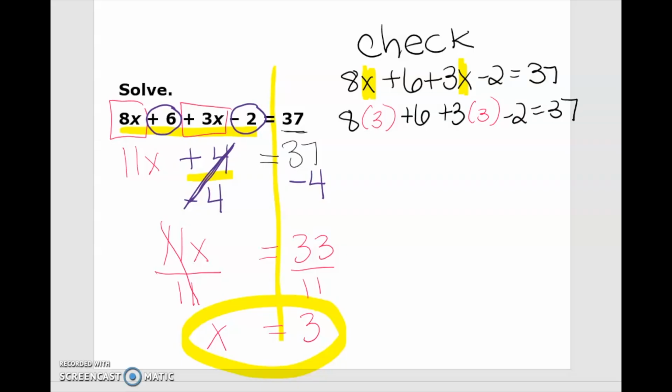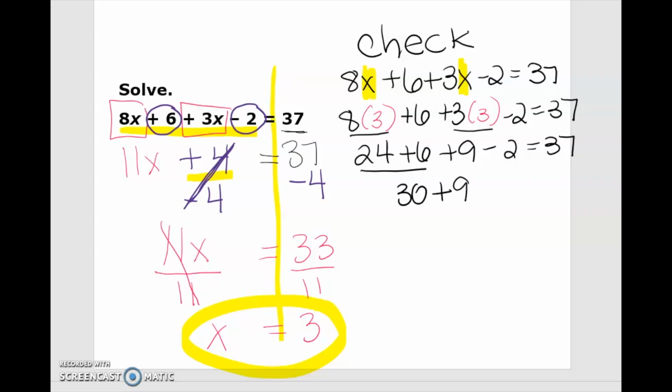And now we just solve using order of operations. So 8 times 3 is 24, plus 6, 3 times 3 is 9, minus 2 equals 37. So 24 plus 6 is 30. Bring everything else down. 30 plus 9 is 39.